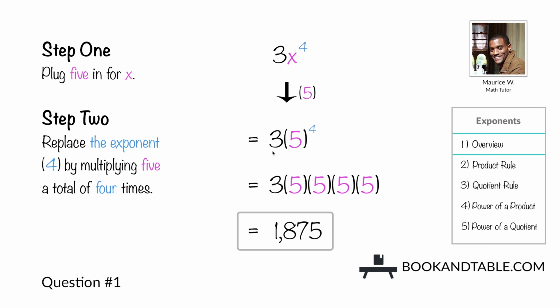So we get 3 times 5 to the 4th. Step 2, replace the exponent 4 by multiplying 5 a total of 4 times. So that's equal to this, 5 times 5 times 5 times 5. And we're multiplying that times the coefficient of 3, which would give us 1,875.